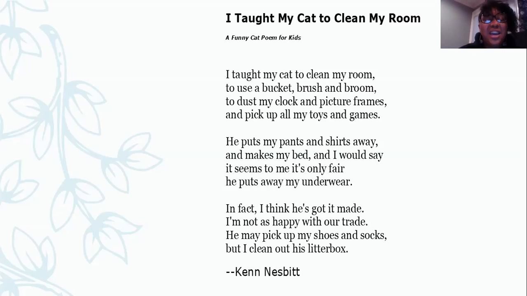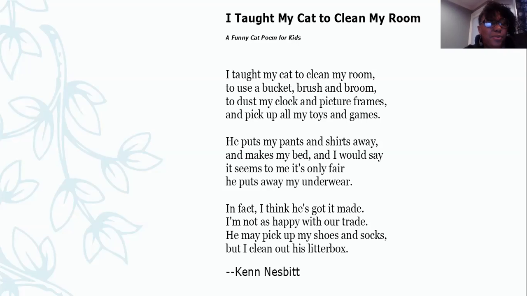I am now thinking, what does Ken Nesbitt want me to know or understand? Well, I definitely know that this cat is pretty talented. I mean, if he can clean up all those things, that's a pretty good cat. But wait a minute. In this last stanza, he said, I'm not happy with our trade. What is he trading? He said, he may pick up my shoes and socks, but I clean his litter box.